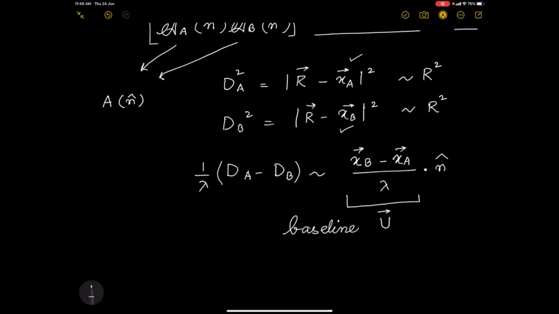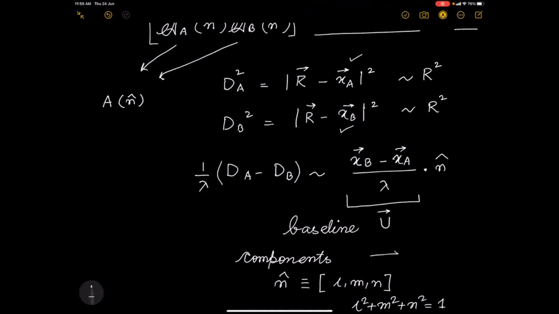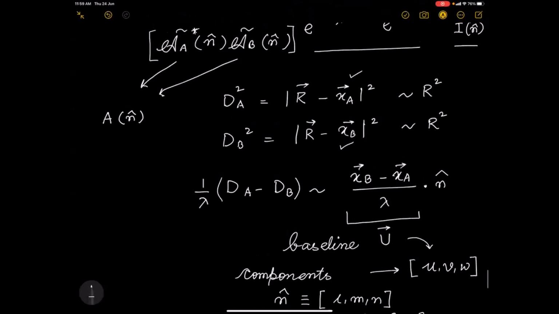If I write down the components in the coordinate system that we have already chosen, where the n cap unit vector is L, M, and N, remember that L squared plus M squared plus N squared is 1. In that coordinate system, I call the components of U as U, V, and W. This is the usual nomenclature that is used in radio astronomy.